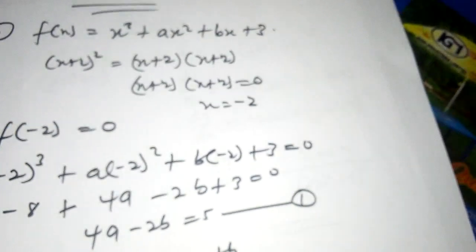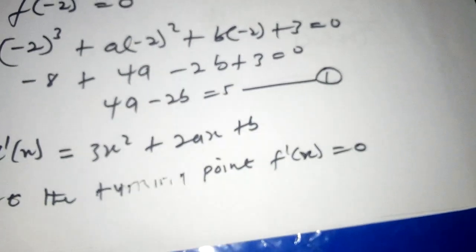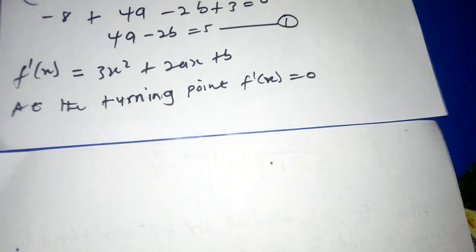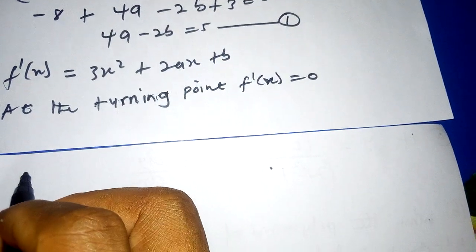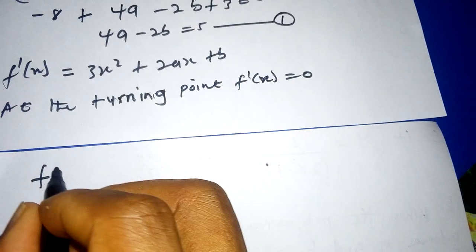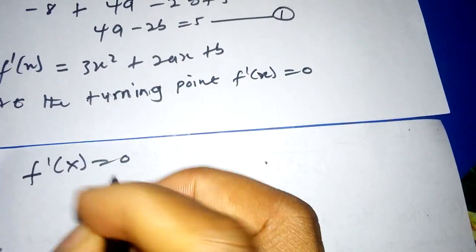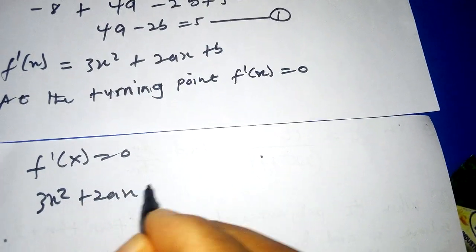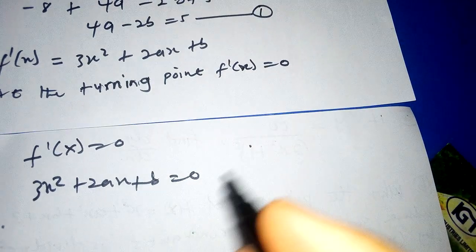So let me just bring my new sheet so that we jump. So at the turning point, f prime of x should be equal to 0. So I'm going to get 3x squared plus 2ax plus b should be equal to 0.